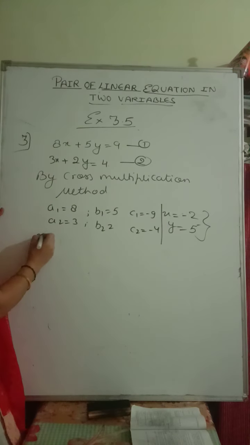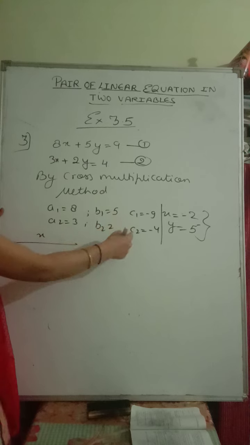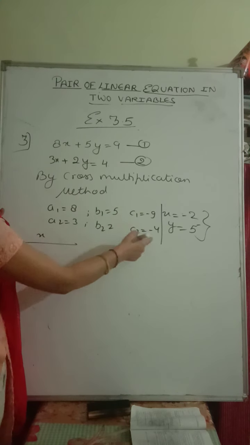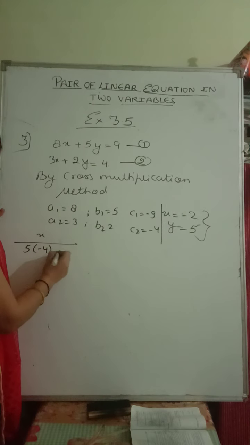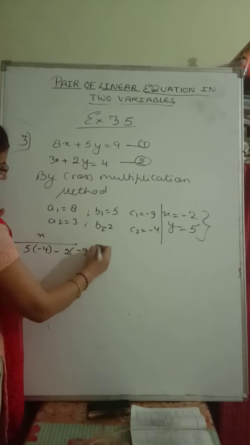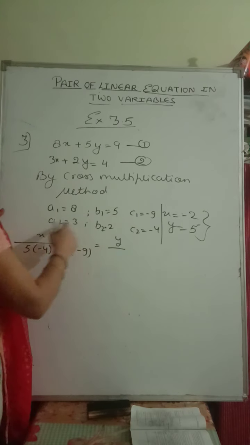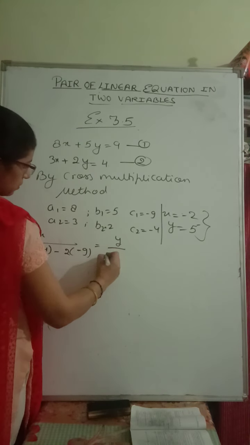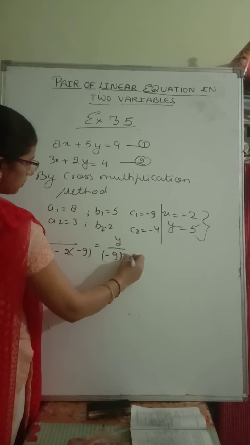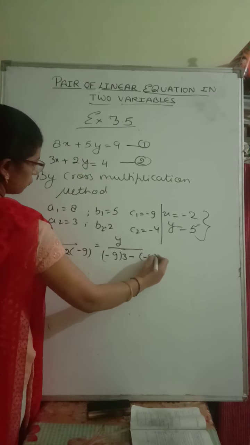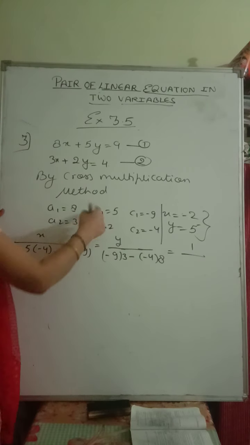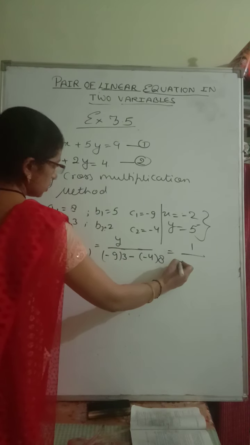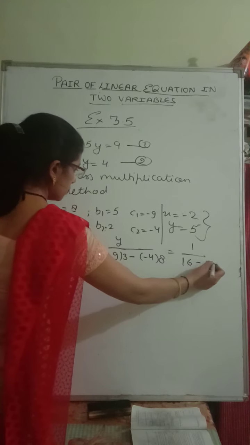Therefore x upon b1c2 minus b2c1, that is 5 into minus 4 minus 2 into minus 9, equals y upon c1a2 minus c2a1, that is minus 9 into 3 minus minus 4 into 8, equals 1 upon a1b2 minus a2b1, that is 8 times 2 is 16 minus 5 times 3 is 15.